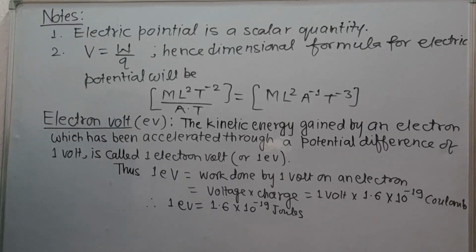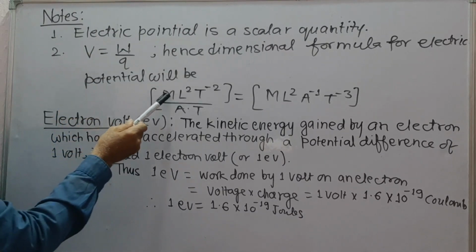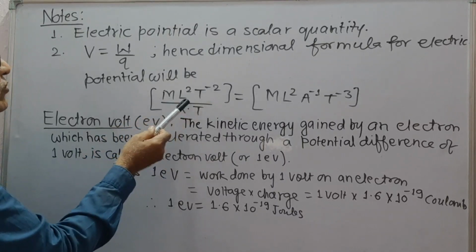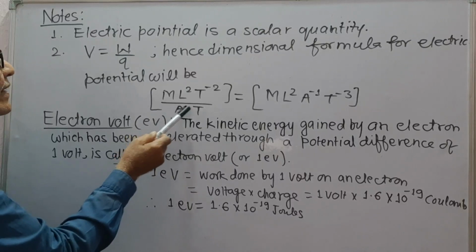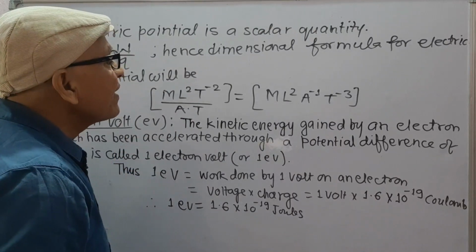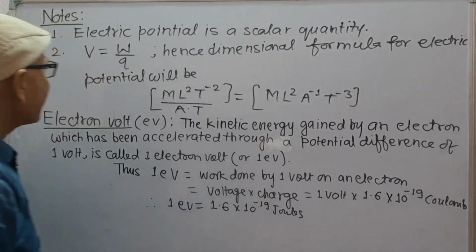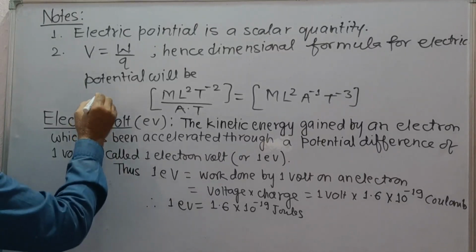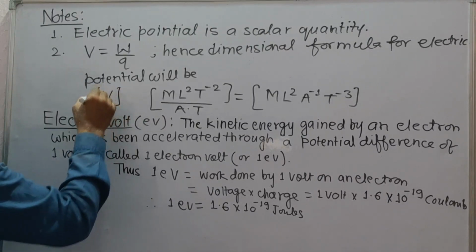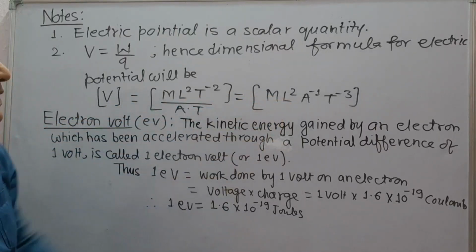Hence, the dimensional formula for electric potential will be dimension of work upon dimension of charge, that is ML²T⁻² upon charge, which is current into time, A·T, which gives ML²A⁻¹T⁻³ as the dimension of electric potential. Suppose this is electric potential, its dimension will be this one.